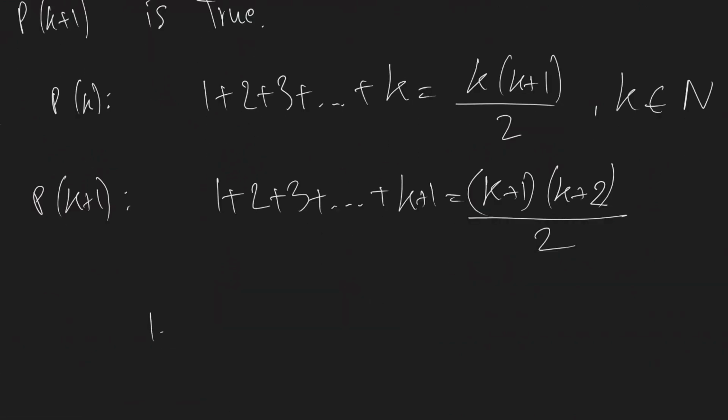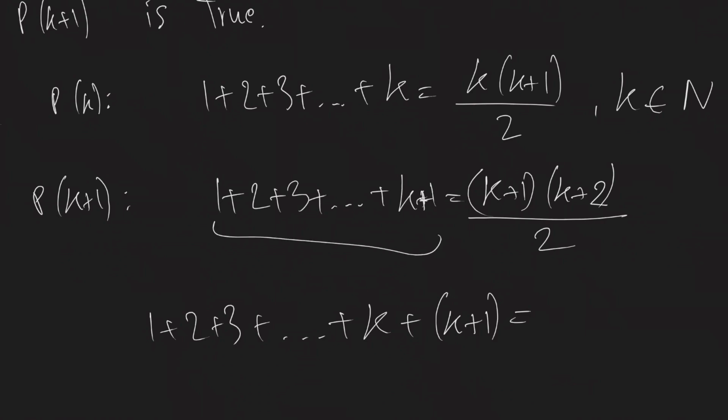By just writing this sum as 1 plus 2 plus 3 dot dot dot plus k plus k plus 1. Now the reason why we can introduce a k here is because the term that is just one unit below k plus 1 is just k, because this is the sum of the first n natural numbers. So 1 plus 2 plus 3 plus dot dot dot plus k plus 1 is the same as this, right? We've just explicitly stated the k term that comes before k plus 1.